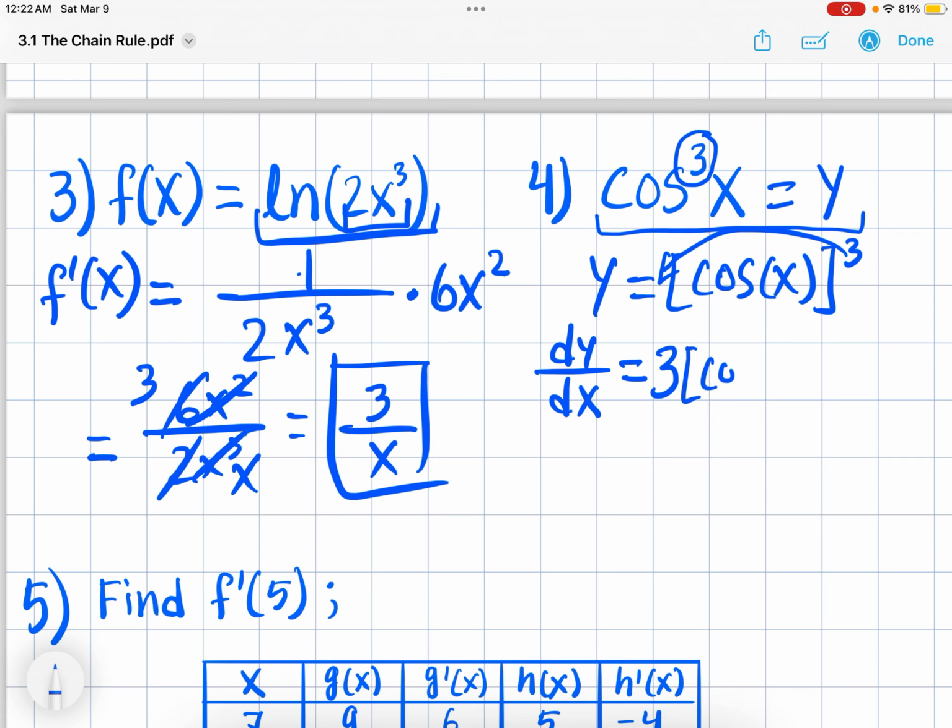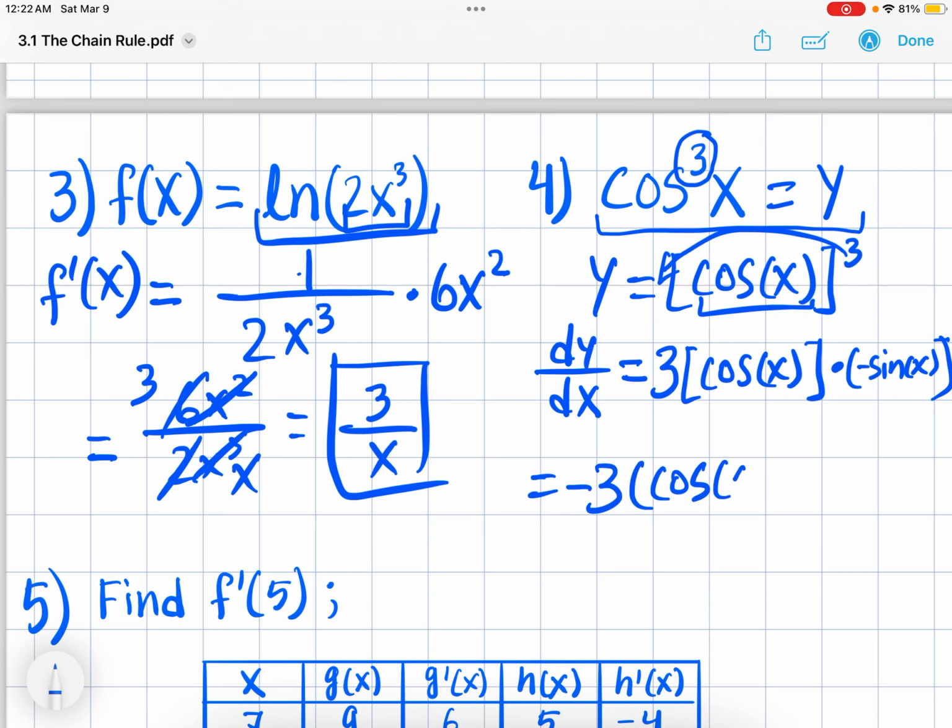Let's keep the inside, multiply by the derivative of the inside, which is negative sine x. It's gonna give us negative 3 cosine x sine x.